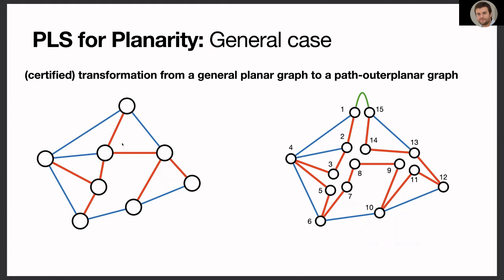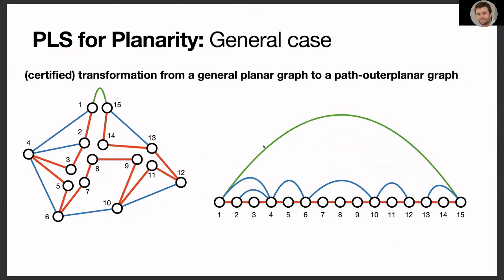And then we show that using that we can locally transform any planar graph into a path outer planar graph, with the property that if this new transformation is path outer planar, then the original graph was actually planar. So this is roughly the idea. If you want to see more details, I presented this work in PODC last year, so there's a video somewhere on YouTube.